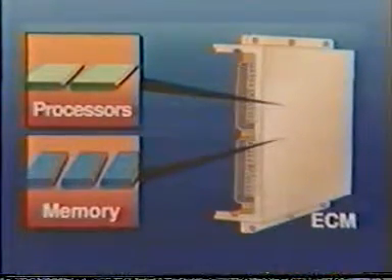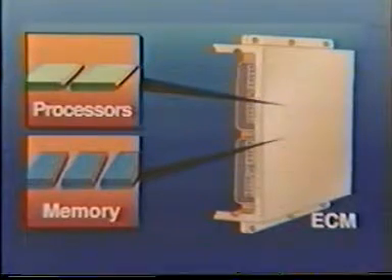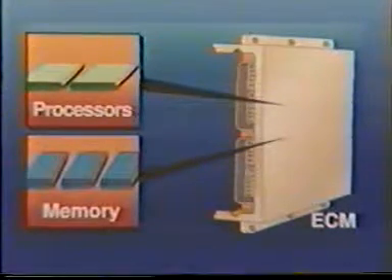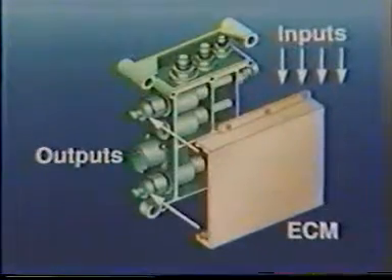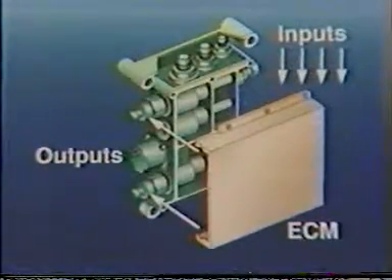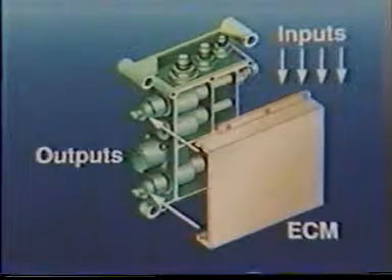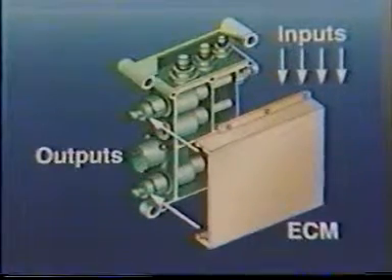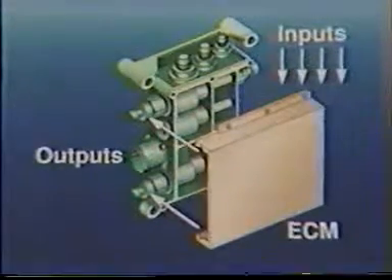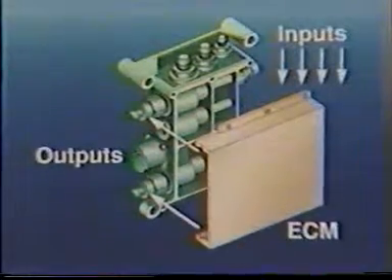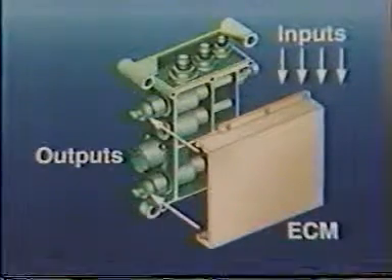It also contains 2 megabytes of memory to store calibration and fault data. The ECM's main task is to manage the fuel control system that operates the engine. The ECM samples all inputs, processes the data, and outputs signals to the rail and timing control actuators many times each second.